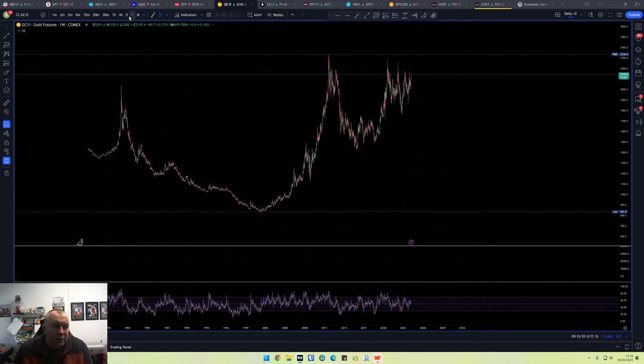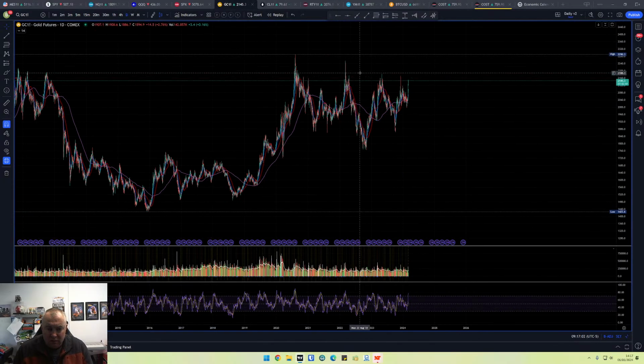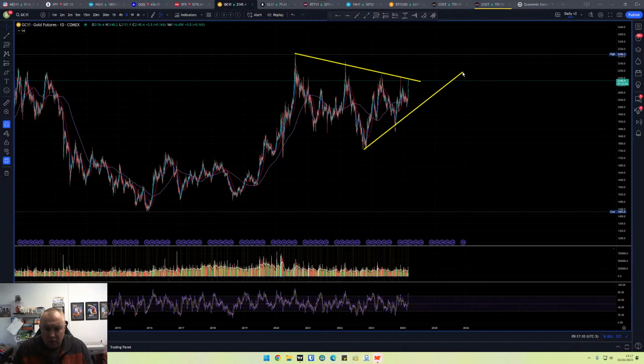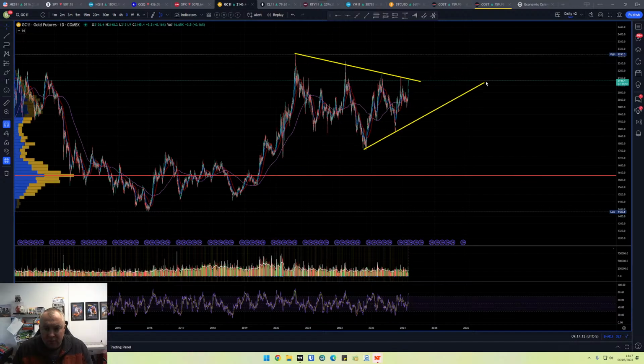Let's look at the daily for a second. Can see this setup, potentially this kind of setup playing out. I'm sure that line goes back down to here as well if I extended it.